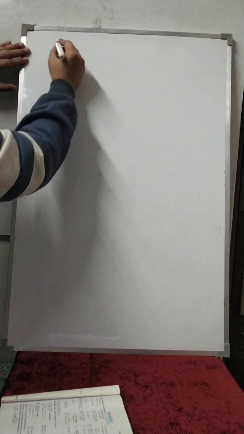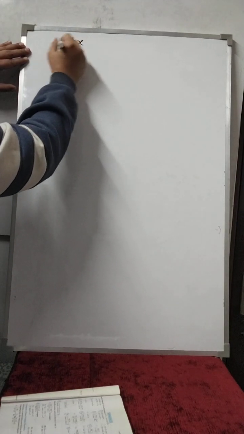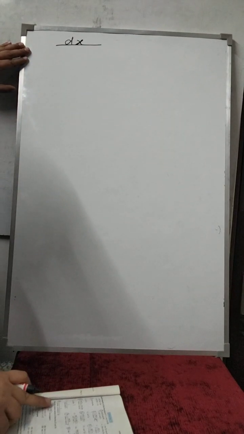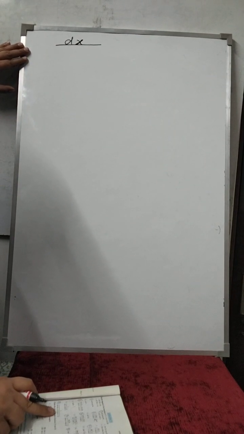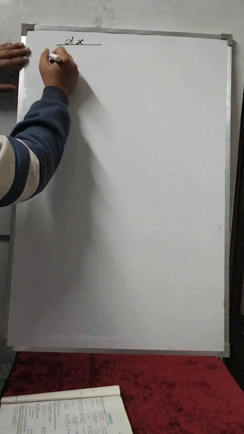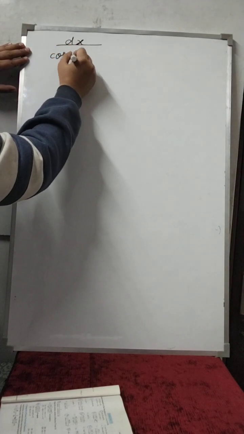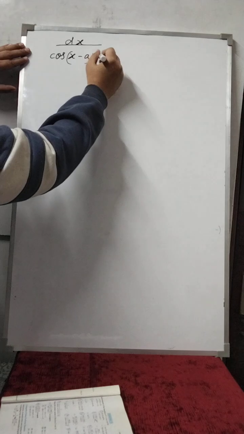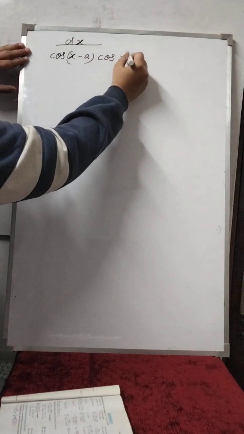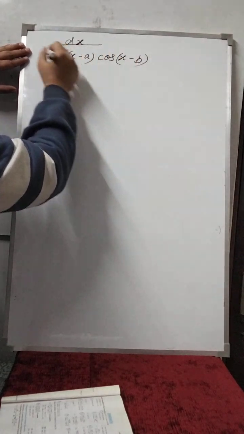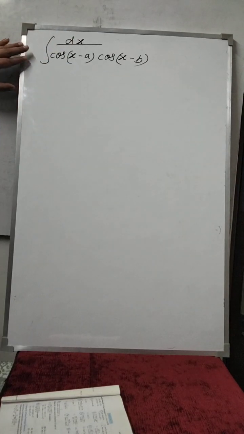Okay, so now what is the question? Now we have a question, dx divided by cos x minus a multiplied by cos x minus b. Okay, we have to find the value of this integral.